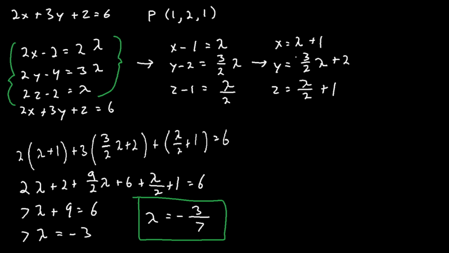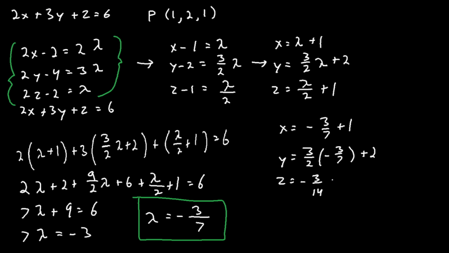If we plug lambda back into these functions, x is equal to negative 3 over 7 plus 1. Y is equal to 3 over 2 times negative 3 over 7 plus 2. And z is equal to negative 3 over 7 divided by 2, which is just negative 3 over 14, plus 1.